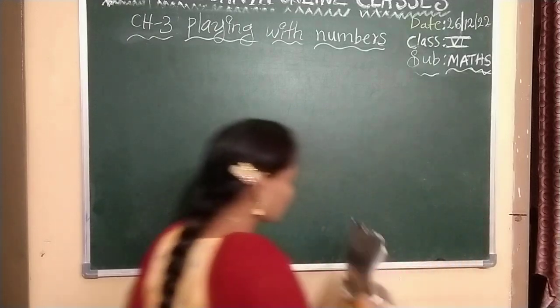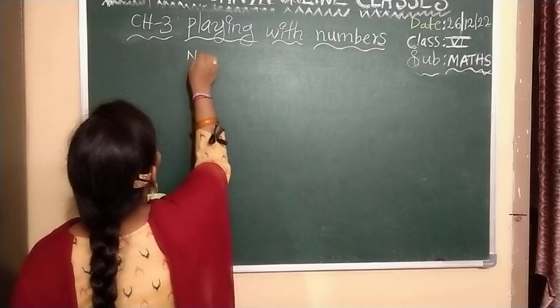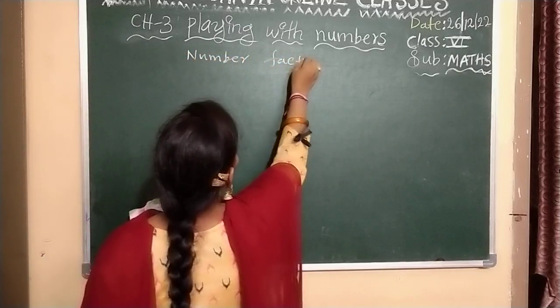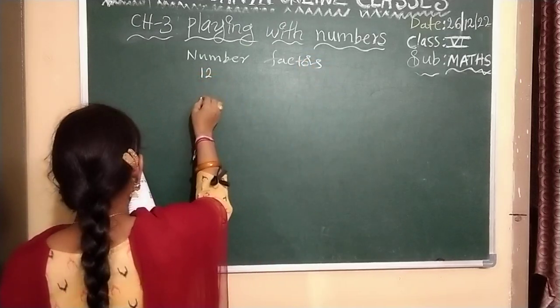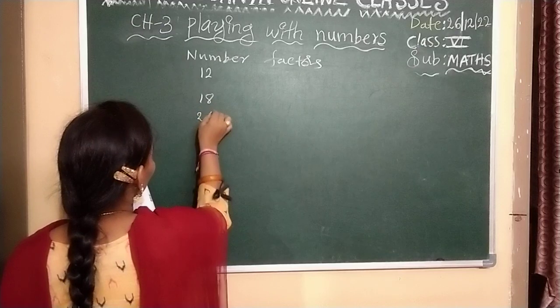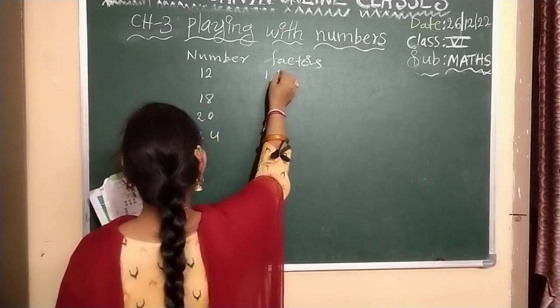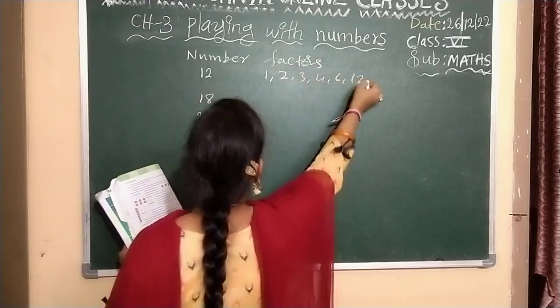Number and factors. Here I am writing number and factors: 12, 18, 20, 24. Factors of 12: 1, 2, 3, 4, 6 and 12.